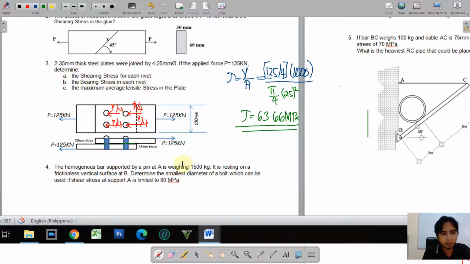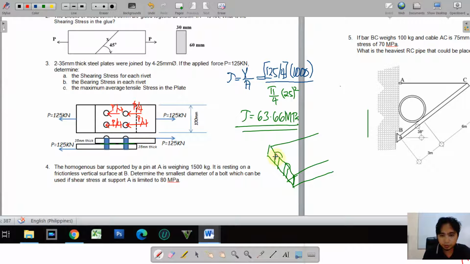So for the bearing stress, of course, there will be a contact between the plate as well as the rivet if we apply the tensile force 125. So as we all know, we have the formula for that. So if this is the cross section, there will be a contact area between the plate and the rivet.